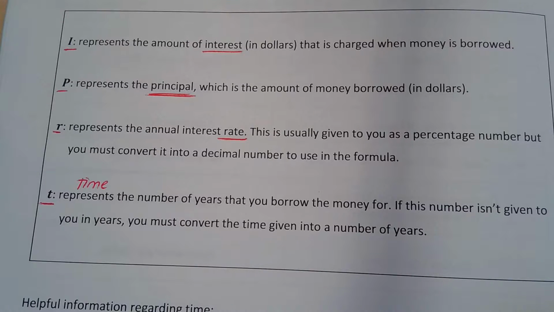Now let's say I borrow money from Osama, and I borrow money from Jabbar. Osama says, I'm going to charge you 10% interest. And Jabbar says, I'm going to charge you 2% interest.